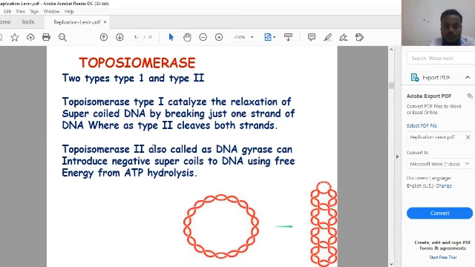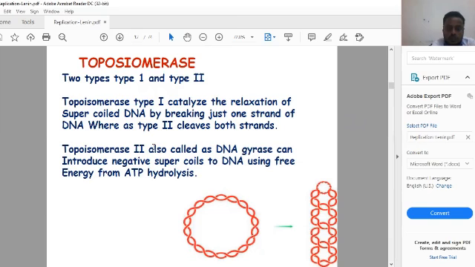What is the difference between type 1 and type 2? Topoisomerase type 1 catalyzes the relaxation of supercoiled DNA by breaking just one strand of the DNA, whereas type 2 cleaves both strands.